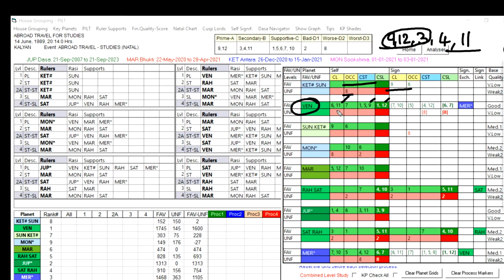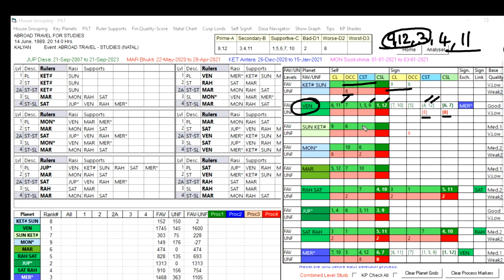It has all favorable houses in consequent levels, with the role of 10th sublord, the role of 9th star lord, and the 11th house also playing. In the sign column, with the sign exchange, the 12th house is present and other supportive houses, the 4th house is present, and the 8th house is also present, which indicates some hurdles but is not denying. So Venus is a good, favorable key planet.